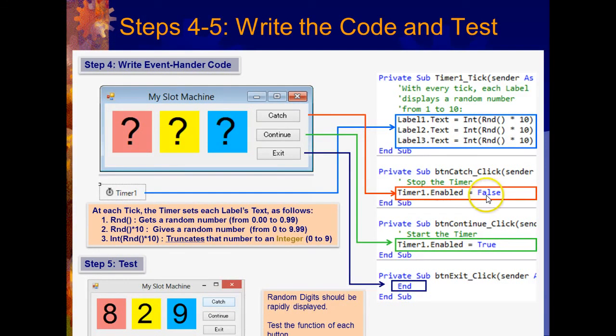What does that do? When we click catch, what does it do? It stops the timer. Stopping the timer means we're not generating numbers anymore, so these numbers remain fixed. So when we click catch, we get a fixed set of numbers. Okay, so that's how the continue and catch buttons work up to now.